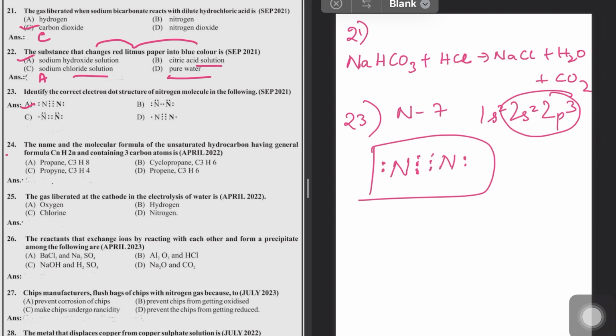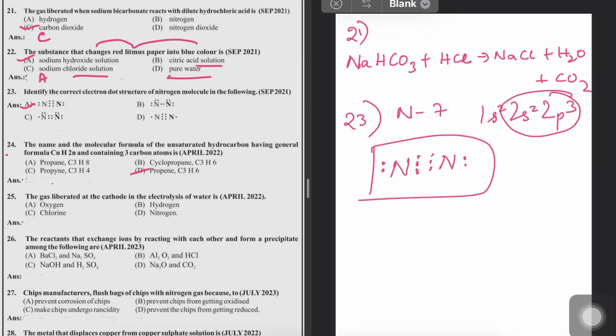So, CnH2n means it is ene group. So, it is propene. Propane is CnH2n plus 2. CnH2n is propene. So, which is the option having propene? It is option D, propene C3H6, which satisfies CnH2n, 2 3s are 6. Hence, the correct answer for 24th question is option D.